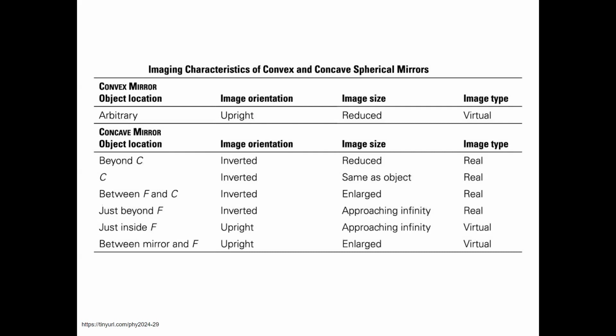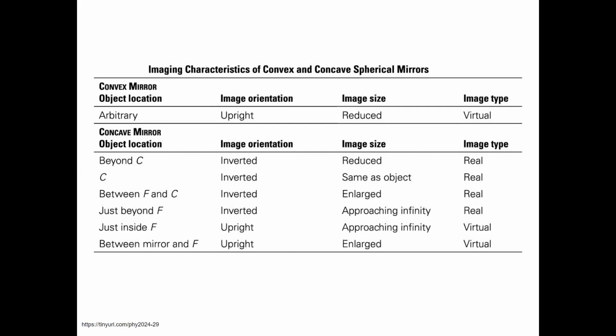So that's why if you look carefully, there's a print on your mirror that usually says the image appears smaller than it actually is. That's because it's a convex mirror. It has reduced size. But for concave mirrors, depending on location, you could have a real image, you could have a virtual image. If you have a real image, it's always going to be inverted. The virtual image is always going to be upright.